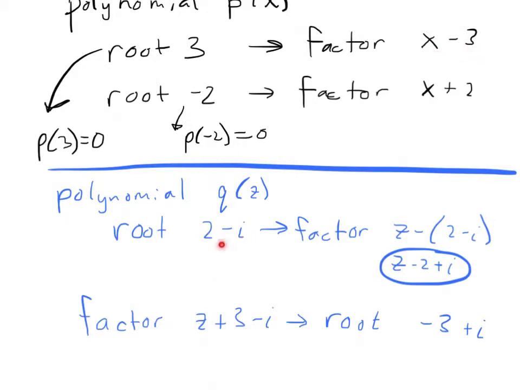So down here, whatever this root is, you have the opposite of that following a z. So whatever the opposite of this is, that's what the root is going to be for that thing. So long story short, if you've got a complex root, you can write a factor by doing z minus that complex root. If you have a factor, just think about what has to be subtracted from z, and you can come up with what the root is.